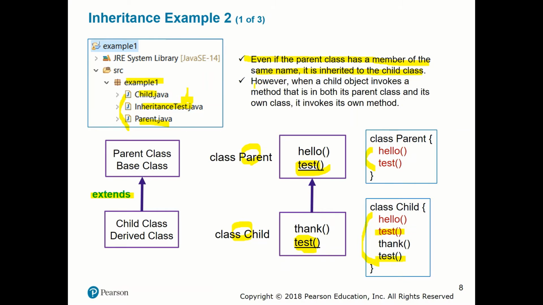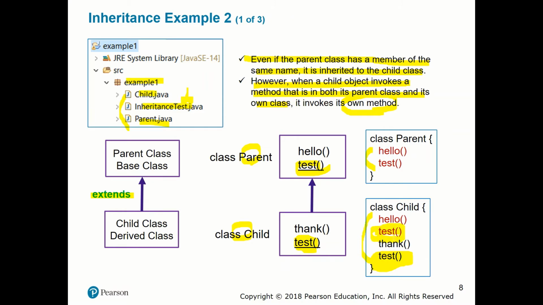However, when a child object invokes a method that is in both its parent and its own class, it invokes its own method. This means that if the child object calls test method, its own test will be called.